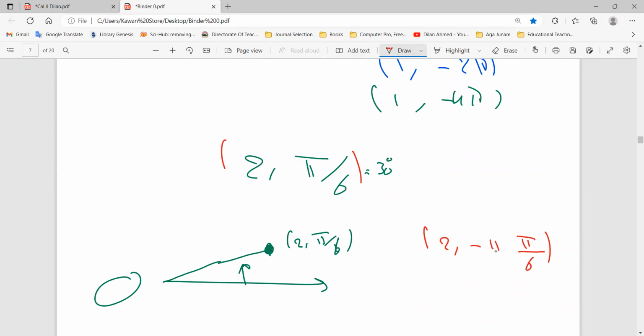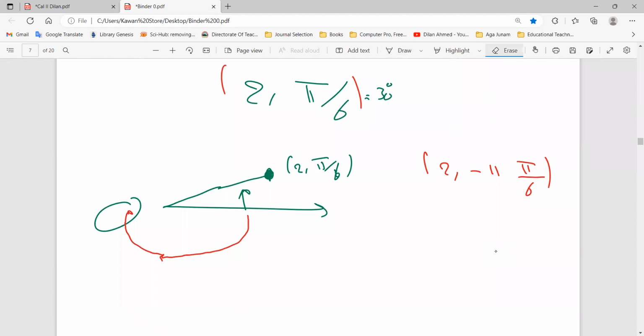So this is what? Minus pi over 2. Am I right? Let me do it by 30. This is what? Minus pi over 6. Am I right? Minus what? Pi over 3, right? Minus 30.